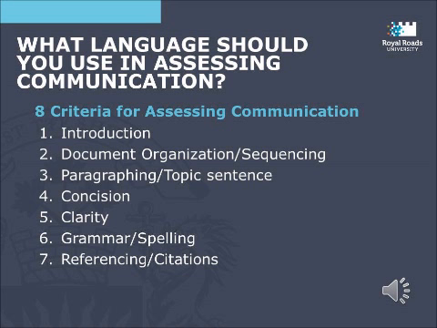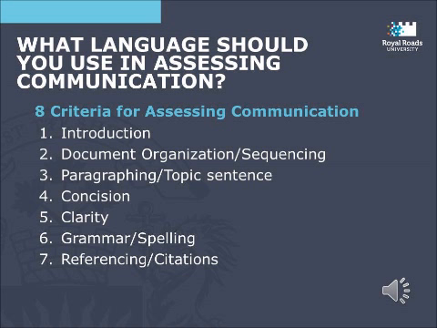Number 3, paragraphing/topic sentence. You might ask yourself, does this paragraph have a clear and unified point, and can I easily identify it? Is this point expressed in a topic sentence when appropriate? Next would be concision. You might ask yourself, do I need to read more sentences or words than necessary to get the writer's point?